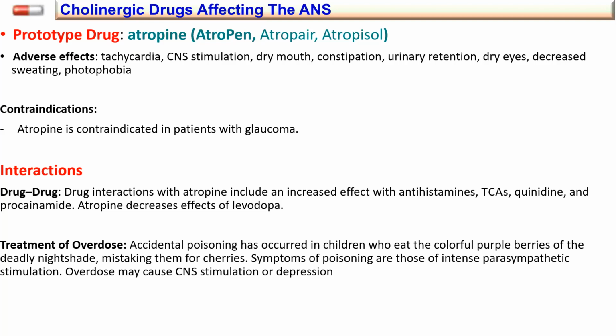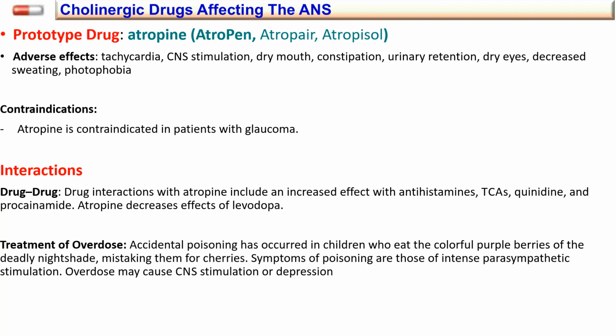Also, atropine should not be administered to patients with obstructive disorders of the GI tract, like paralytic ileus, bladder neck obstruction, and patients with prostate hyperplasia, BPH, benign prostatic hyperplasia.